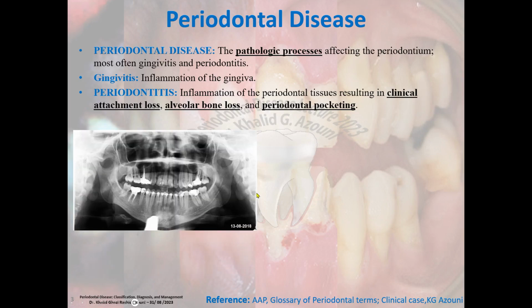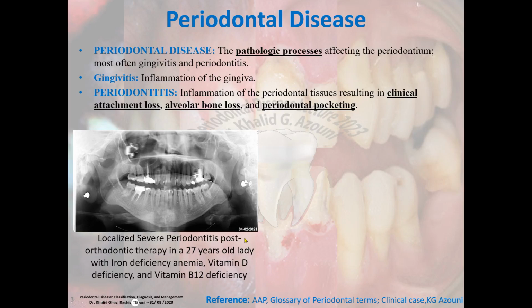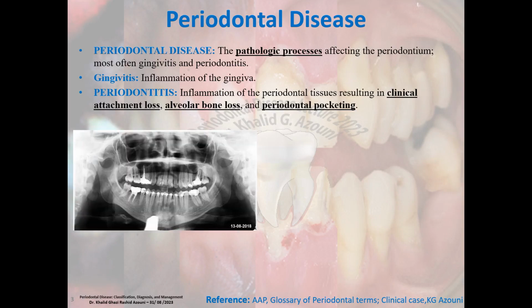And here we follow one case that we followed from 2018 until 2021. This patient is a young lady, 27 years old, with iron deficiency anemia, vitamin D deficiency, and vitamin B12 deficiency. We can see that the patient was undergoing orthodontic treatment since 2018.